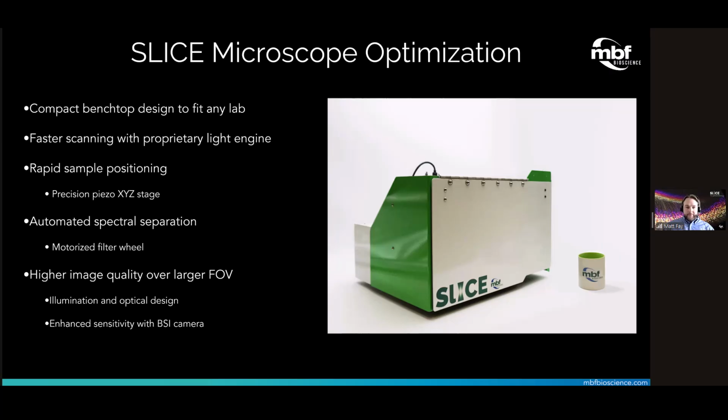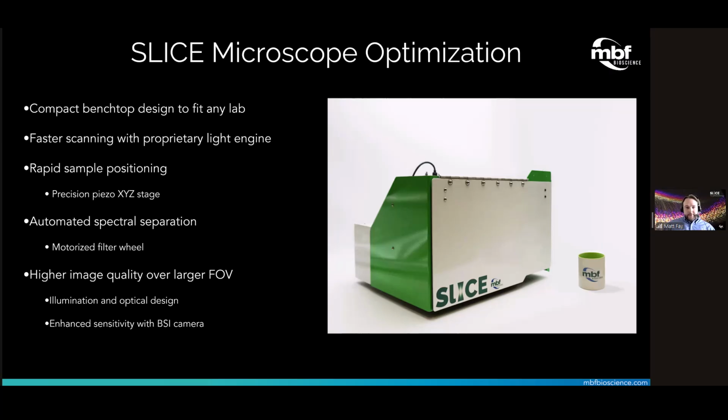This meant faster and more sensitive scanning of samples. We made sample positioning faster and more accurate with a closed-loop linear encoded XYZ piezo stage. This made accurate positioning of multi-field of view acquisitions possible. A motorized filter wheel gives us automated multi-channel imaging capabilities, which is important for visualizing distinct structures in light sheet microscopy.